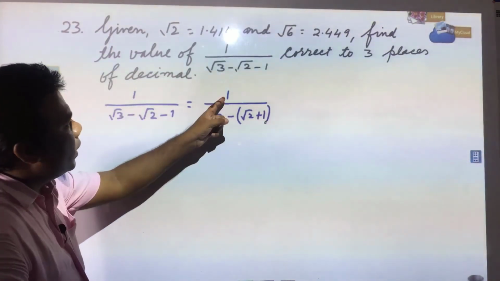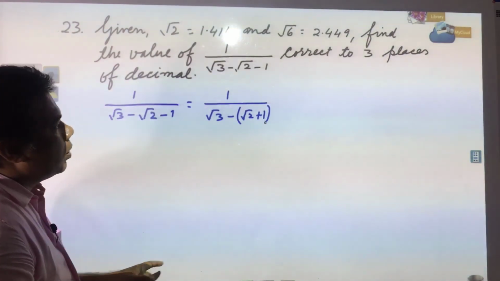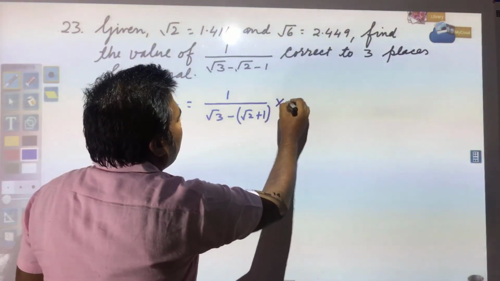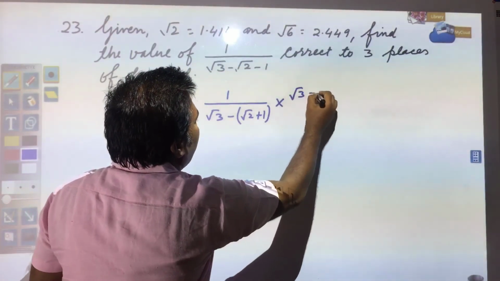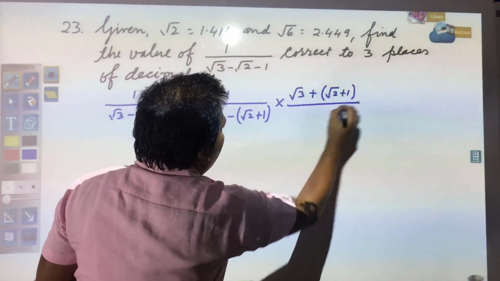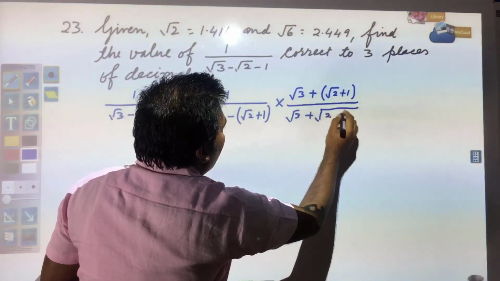So, now you see 1 by root 3 minus this term you have got. So, the rationalizing factor of this term will be root 3 plus root 2 plus 1 divided by root 3 plus root 2 plus 1.